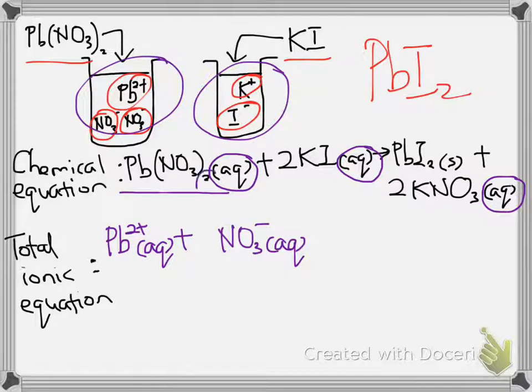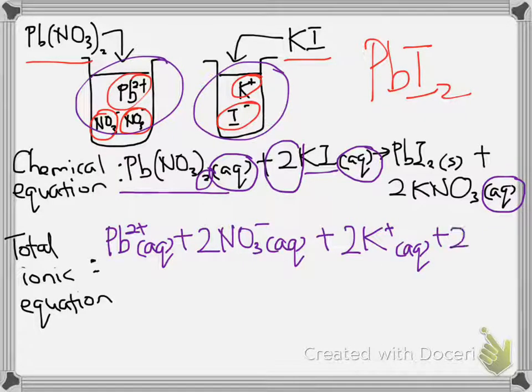Now remember, there are 2 nitrate ions, therefore we need to have 2 nitrate ions. Similarly, for potassium iodide, the stoichiometric coefficient is 2, therefore it will form 2K+ (aq) plus 2I- (aq). And that is it for the reactants.